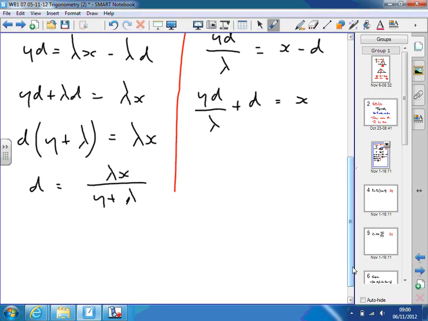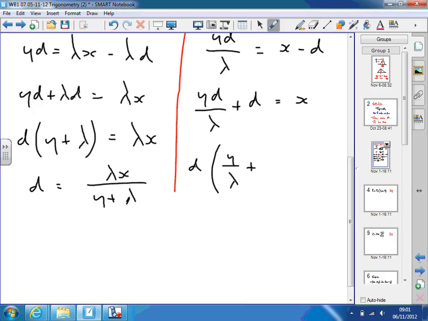And then I factorise. Take D outside the bracket. What have I got to multiply D by now to get back to this term Y over lambda? I've got to multiply by Y over lambda. So that's what's left inside the bracket, Y over lambda.